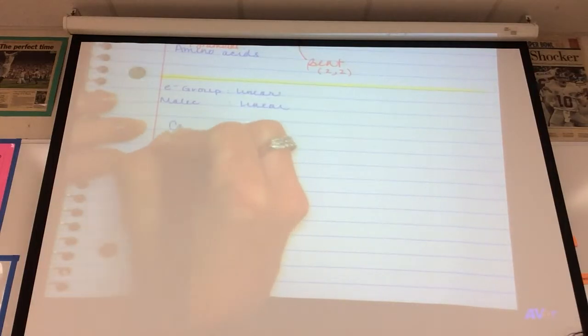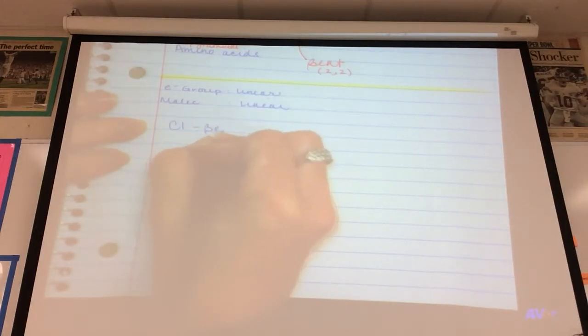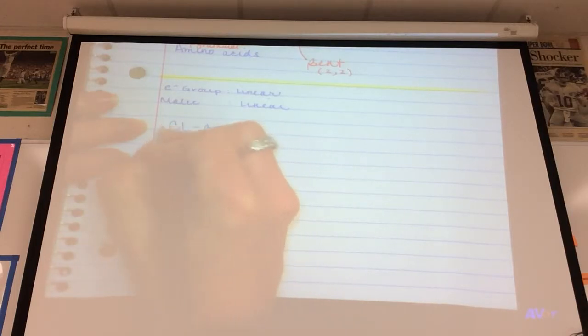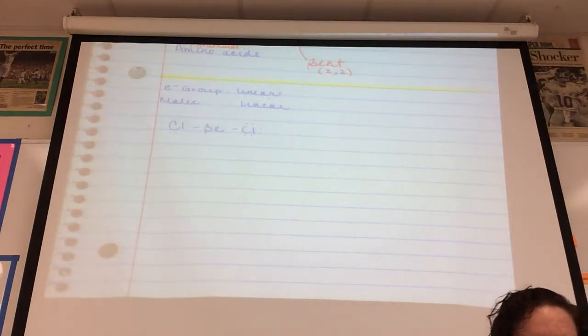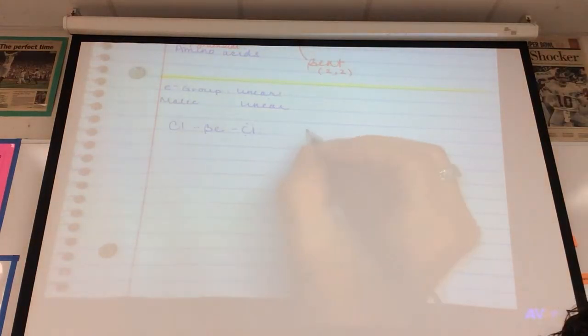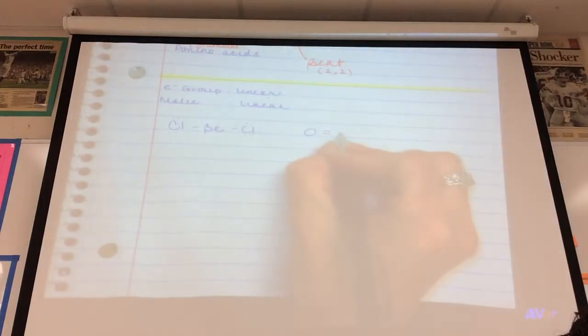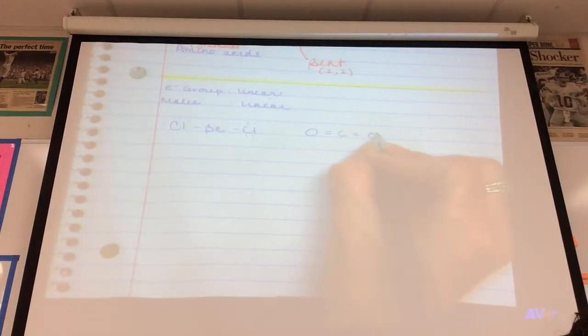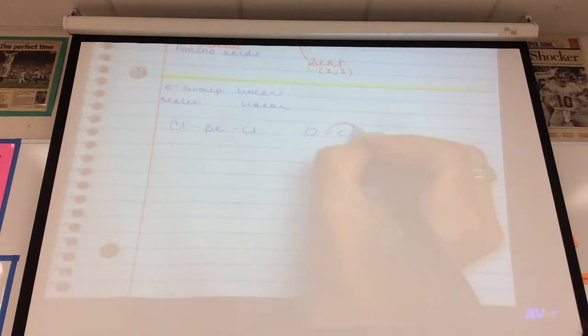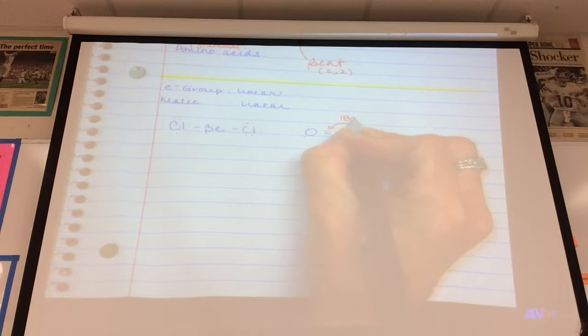For example, beryllium chloride, this one's kind of weird because beryllium only forms 2 bonds, no lone pairs. Same thing with carbon dioxide. And this is 180 degrees.